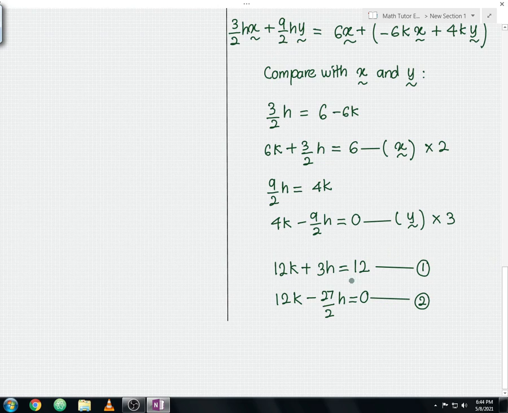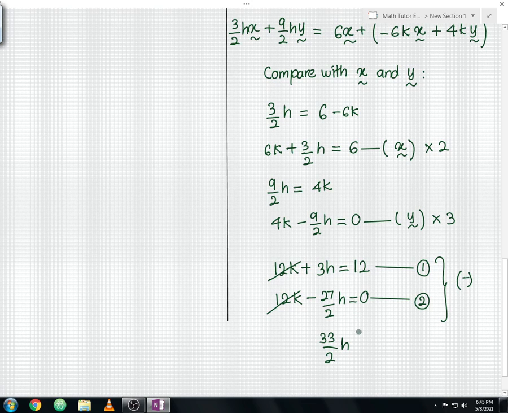Okay, since we want to eliminate the variable k, equation 1 will be minus with equation 2. So from here the k will get cancelled off. So 3h minus with negative 27 over 2h. You calculate this, you should get 33 over 2h on your left hand side.